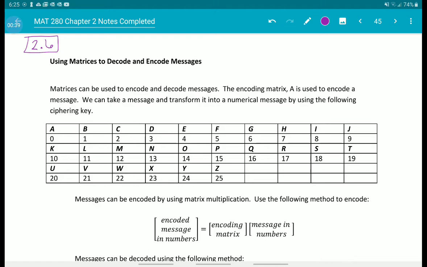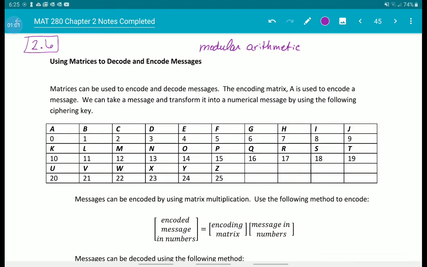Before we talk about encoding messages, we need to talk about what modular arithmetic is. Modular arithmetic is sometimes called clock arithmetic. And this is something that you've seen before. You just didn't call it what it was.